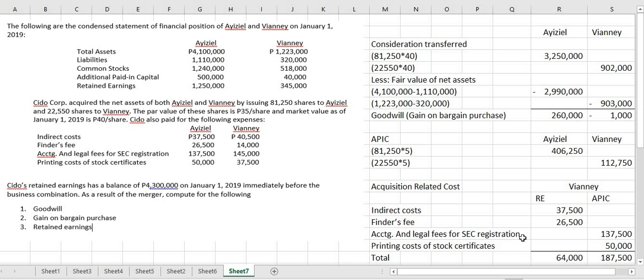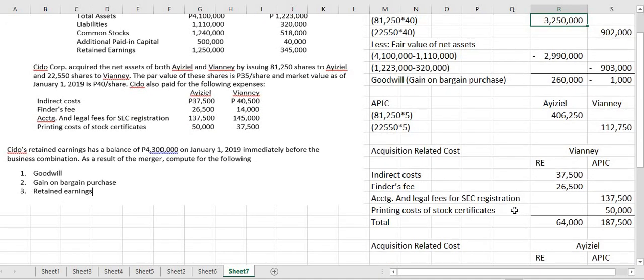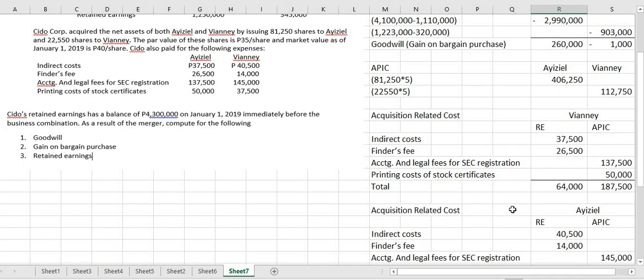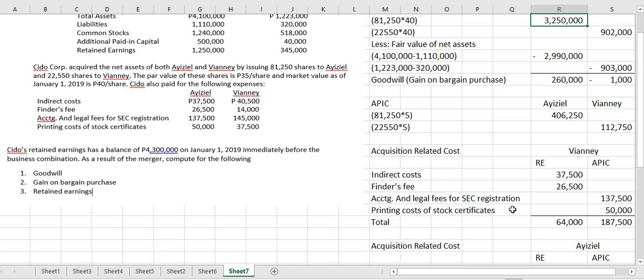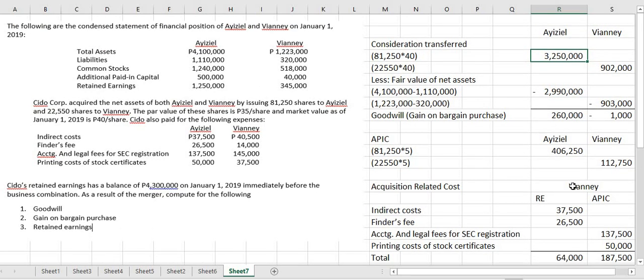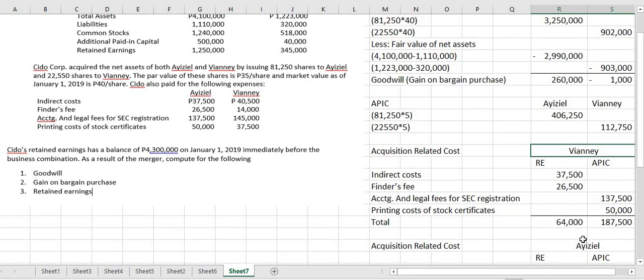But, yung cost na na-incur ni iShell, no? Kay iShell ito. Okay. So, na-incur niya na cost is indirect, that's 37,500. Charge din siya to RE.